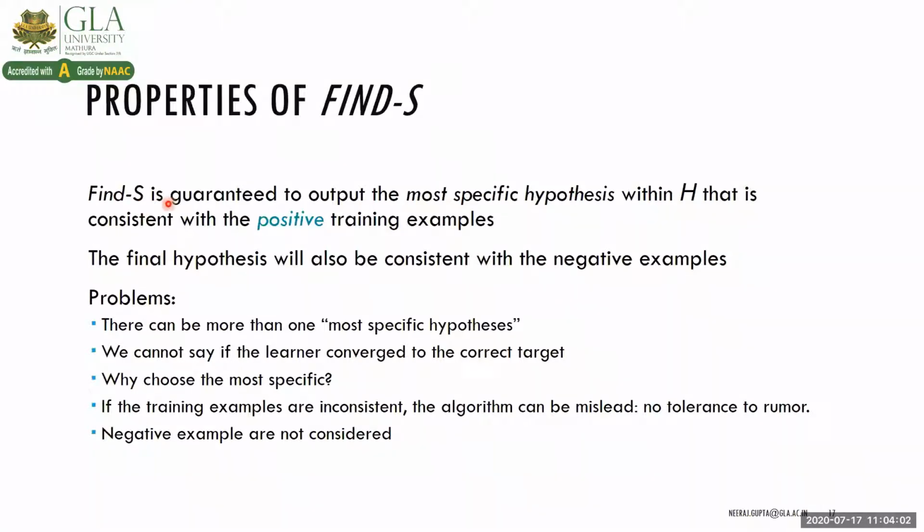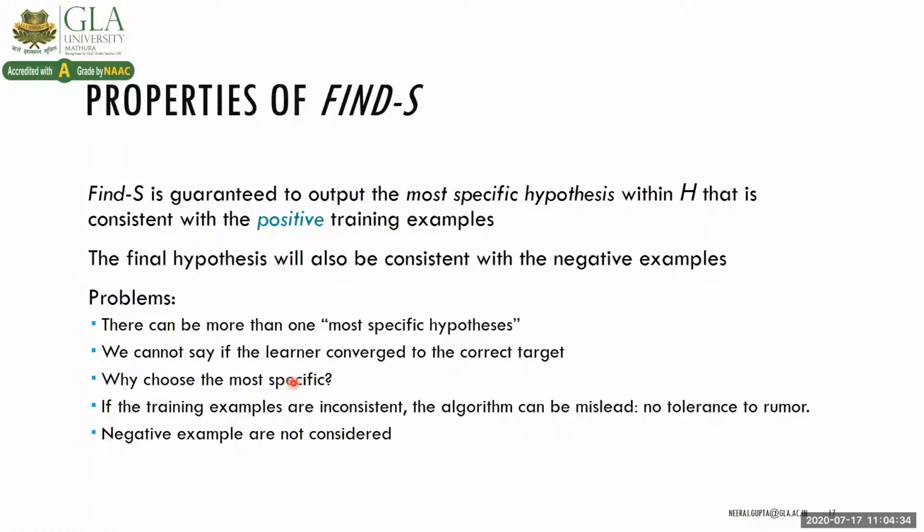Now, Find-S is guaranteed to output the most specific hypothesis within H that is consistent with the positive training examples. So we are considering only the positive training examples. This is the constraint of the Find-S algorithm. The final hypothesis will also be consistent with negative examples. The problem with Find-S is that there can be more than one most specific hypothesis.